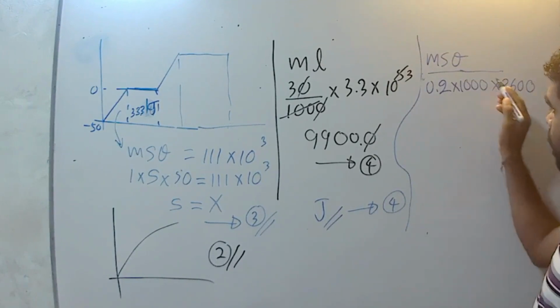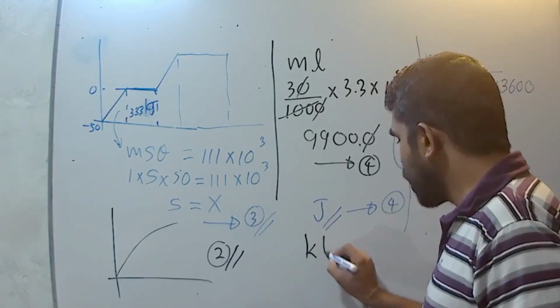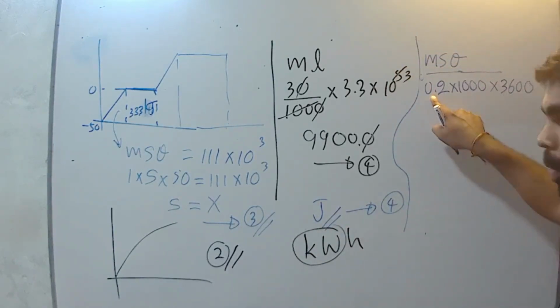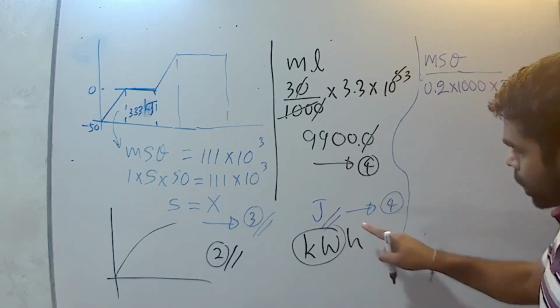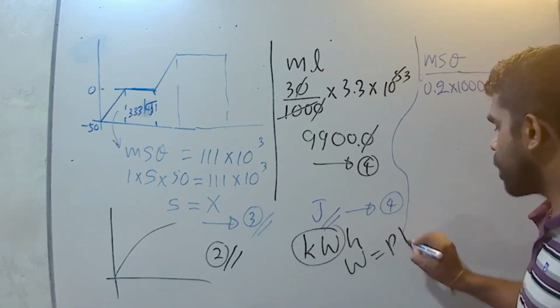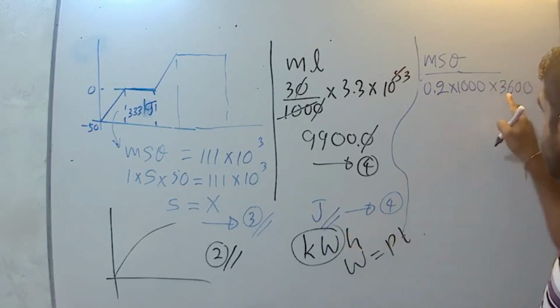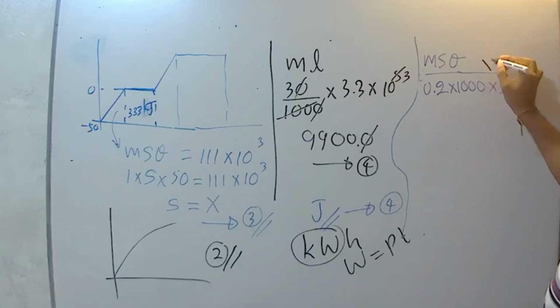Since efficiency is a percentage, we multiply by 100%.